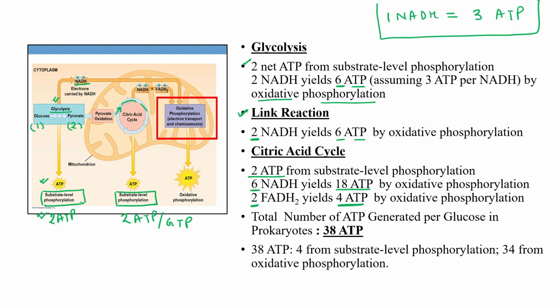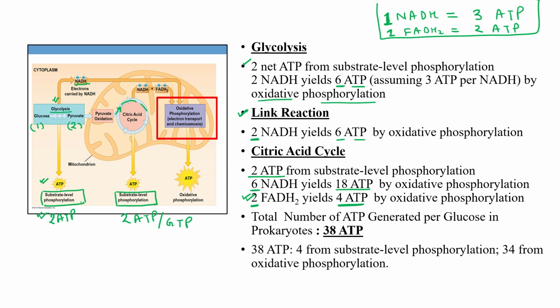As I told you, 1 molecule of NADH is equal to 3 molecules of ATP. Similarly, 1 molecule of FADH2 is equal to 2 molecules of ATP. And that's why 1 molecule gives us 2 molecules, so 2 molecules give us 4 ATP molecules.